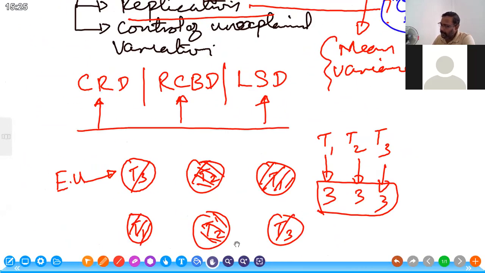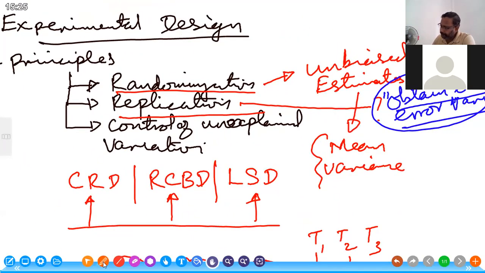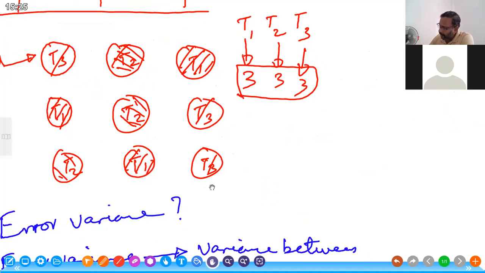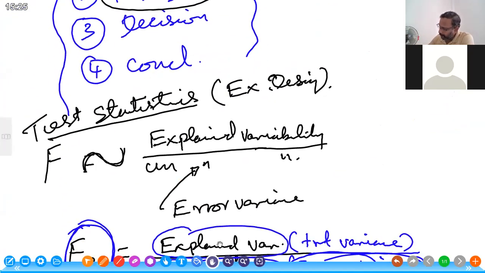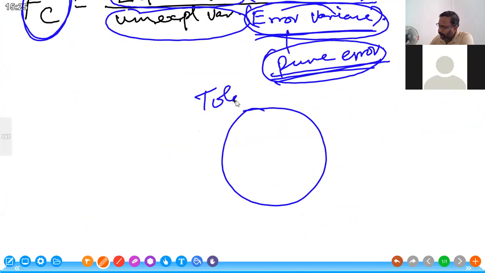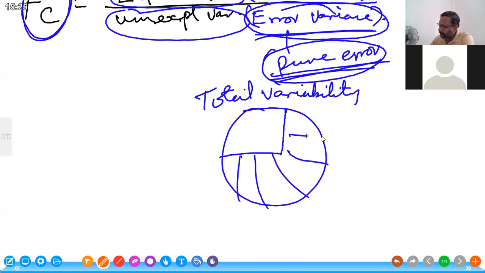The third principle is control of unexplained variability. We want the error term, which is true variability, but sometimes this variability can accumulate. For example, if you take the total variability, part of it can be explained by treatment.